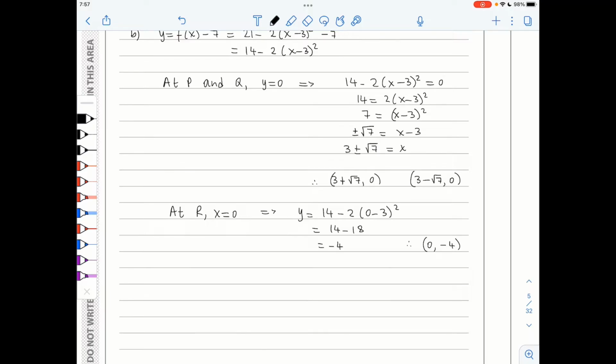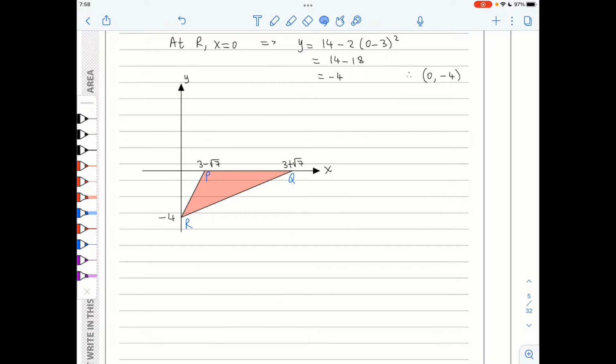Now I'm being asked to find the area of triangle PQR, so it makes sense to draw a quick sketch to see exactly where the vertices of this triangle lie. We have drawn the triangle. This is P, this is Q, this is R. We're trying to find the area shaded here in red.